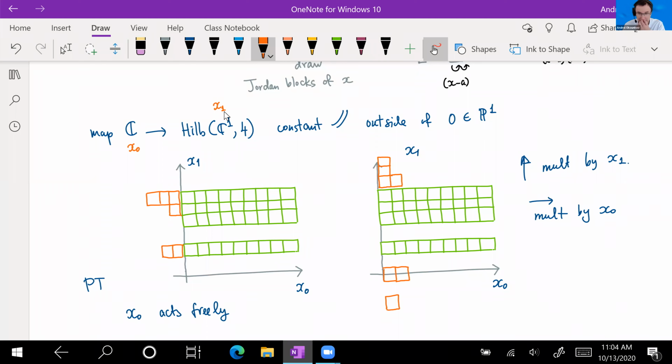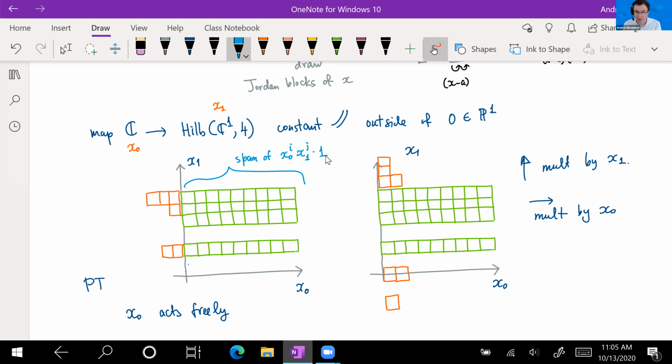The sections of x0 and x1 may not generate the whole sheaf. So this means I only generate this much. So from 1, this is the span of x0 to the i, x1 to the j applied to 1.